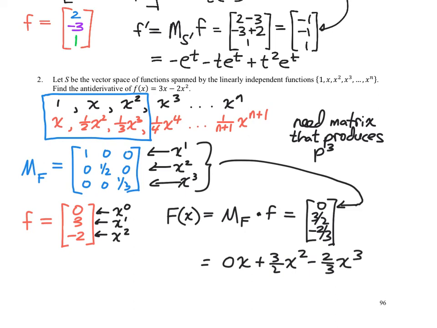Yeah, it is. All right, so my capital F of x is going to be, if we simplify, 3/2 x squared minus 2/3 x cubed, which is what you would get if you applied Calc 1 concepts of basic anti-differentiation. Increase the exponent by 1, divide by the exponent.